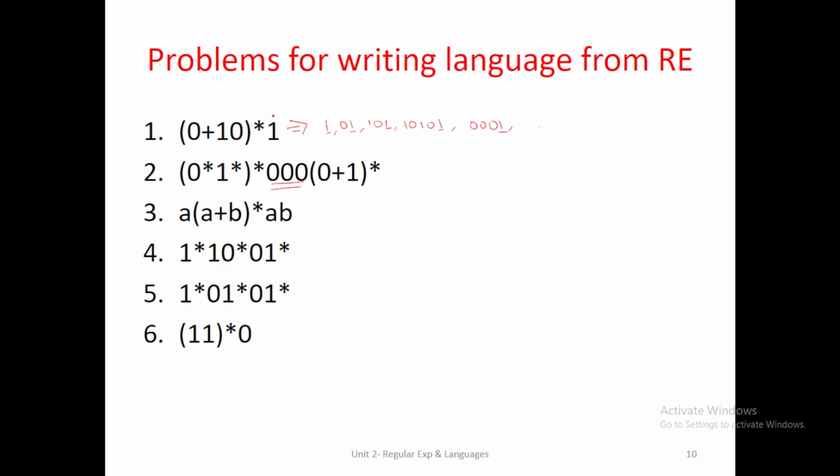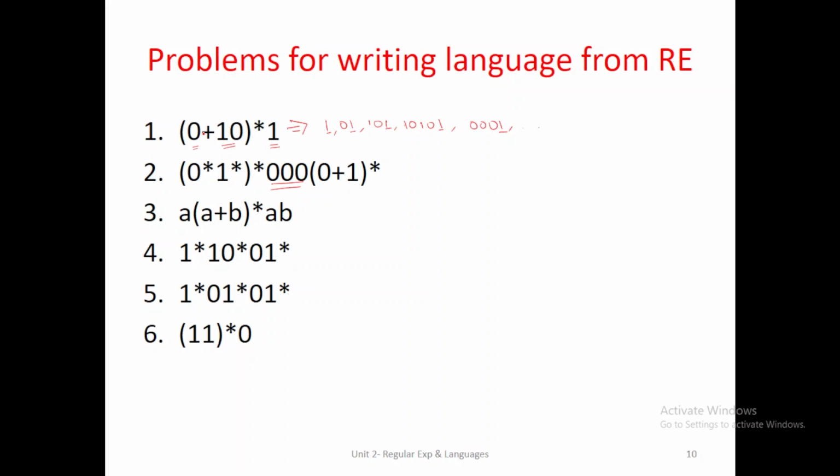If you take the first example, the last symbol of every string is 1, and the first symbols may be 0 or 10 or their combinations. Either you take epsilon, only 1 is there. So for single length string, 1 is available.